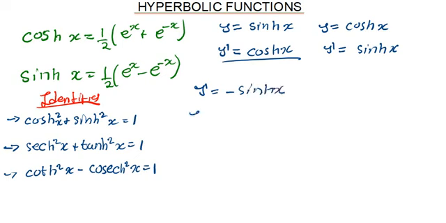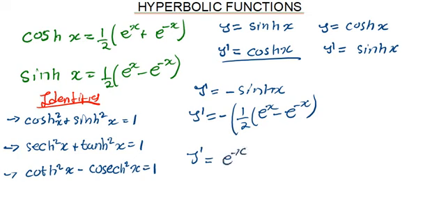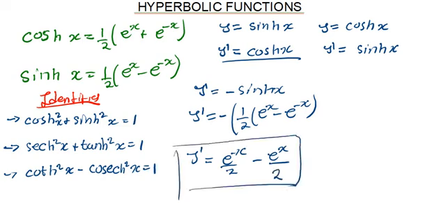Here's what we could have. If we say y prime is equal to minus hyperbolic sine of x, which is 1 over 2, open bracket, e to the x minus e to the minus x, then y prime will be equal to e to the minus x over 2 minus e to the x over 2.